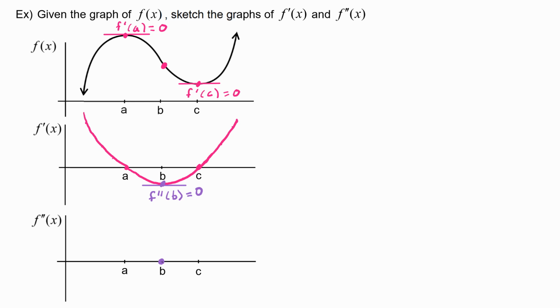Now, if we look to the left of b, the slope here is a steep negative. So that would be a negative value. Then here, the slope is still negative, but it's less steep, which means a smaller magnitude negative. As we get closer and closer to x equals b, the slopes are negative, but getting closer and closer to 0.